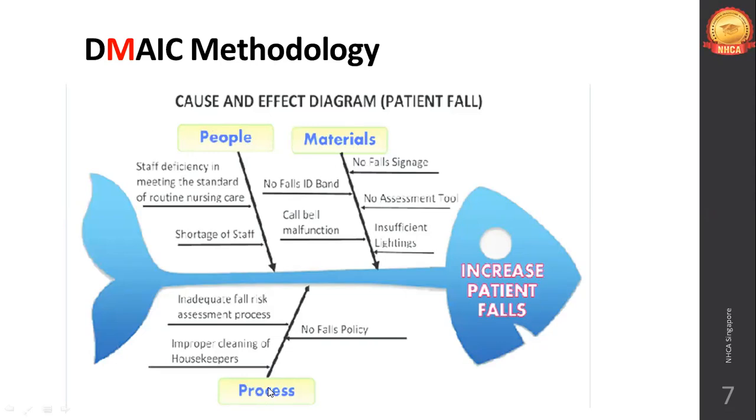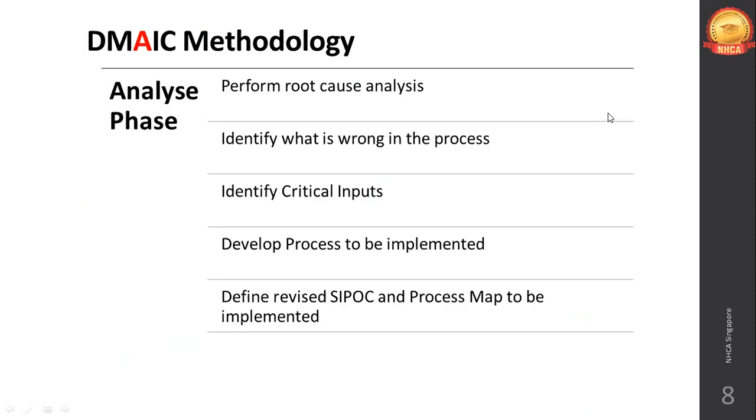How the processes which you follow in the hospital are responsible for the patient falls. In all these criteria you find some defects, some improvement areas. This is what you do in a measurement phase. Right now what is happening, that is what you're collecting the data on.